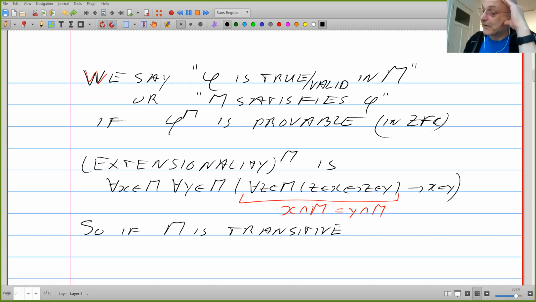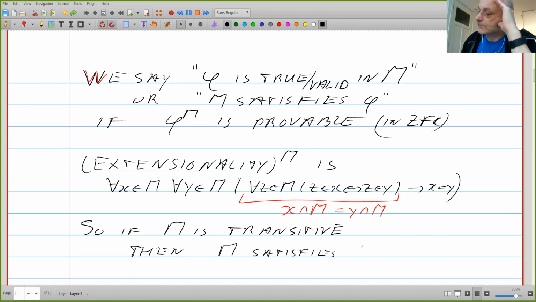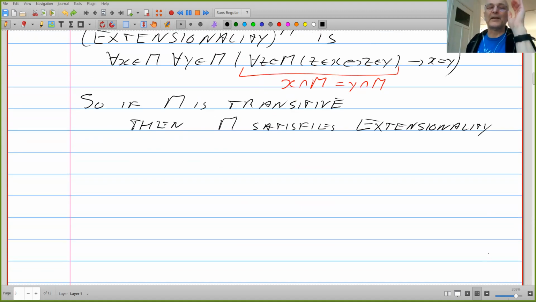If we have a transitive M, then M satisfies extensionality. I think we have seen this before, but since it's relatively short, I decided to use it as an example.